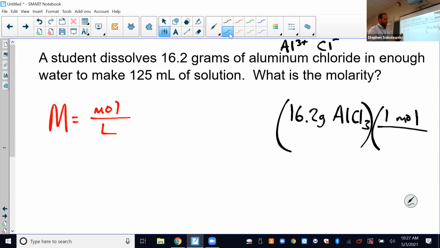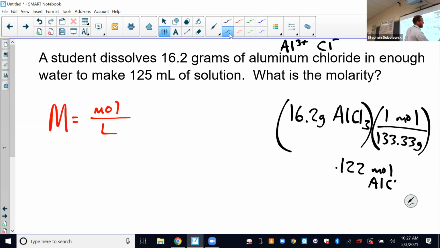So I got about 133.33 grams per mole. Gram cancels gram, and I end up getting 0.122 moles of AlCl3.